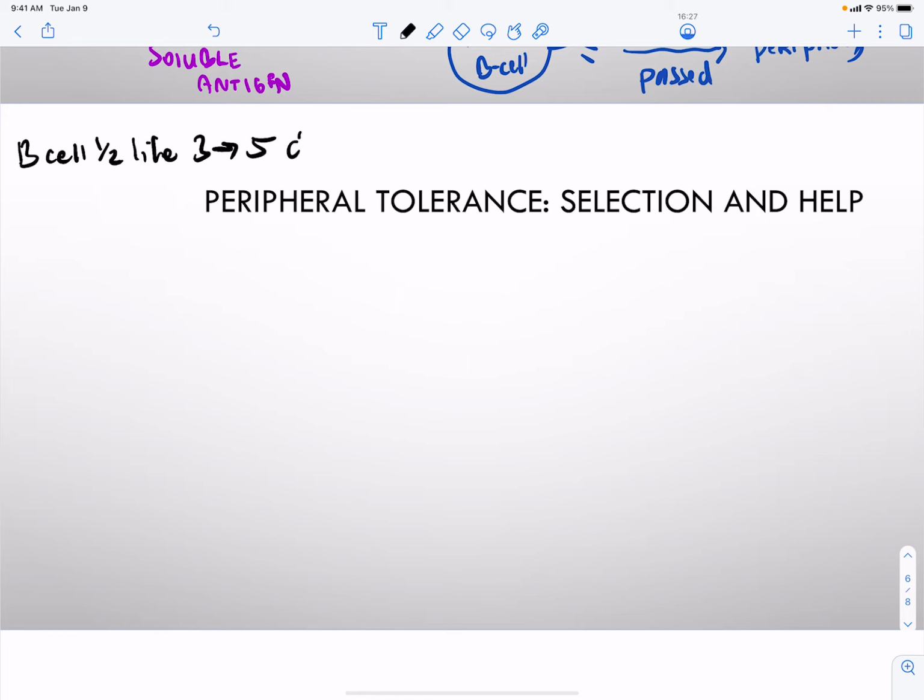And what that means is that this B cell has to travel through your body, go from secondary lymphoid organ to secondary lymphoid organ to try to find its antigen. If it does not find its antigen within 3 to 5 days, it will undergo apoptosis via that Fas ligand type of interaction.